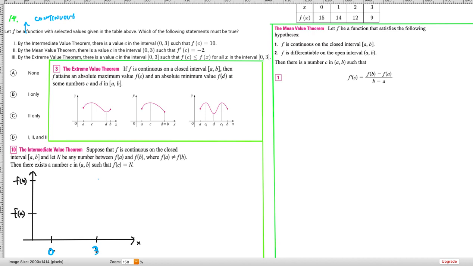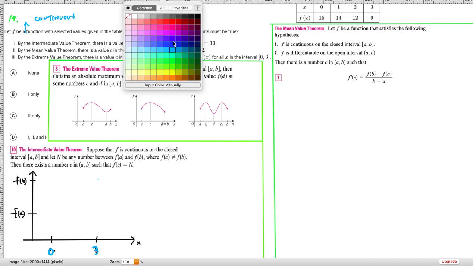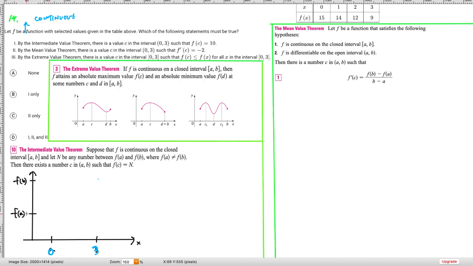So then that means that this value over here, let's change our color, let's say that this is 15. So that's a point right there on my curve. And then f of 3, so I want to investigate on this interval. f of 3 is then 9. So let's say 9 is over here.